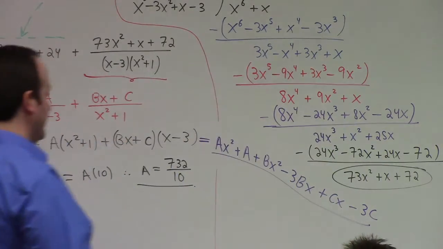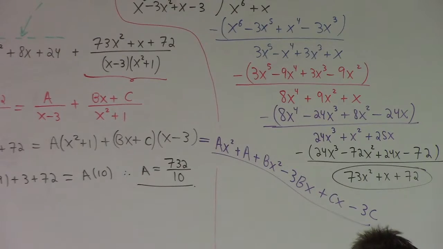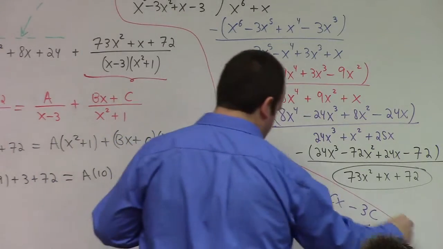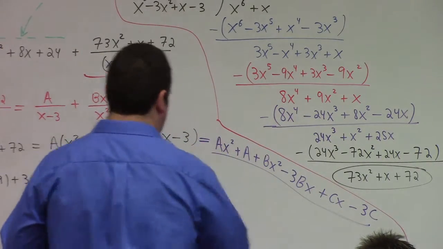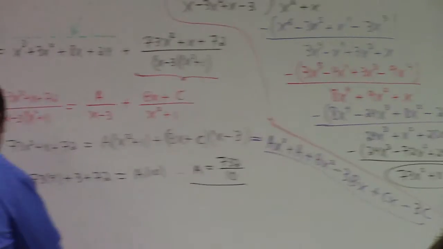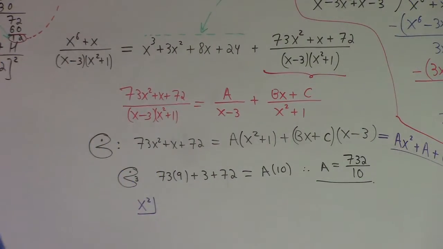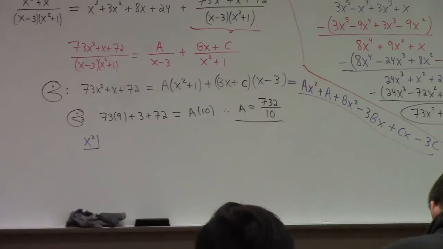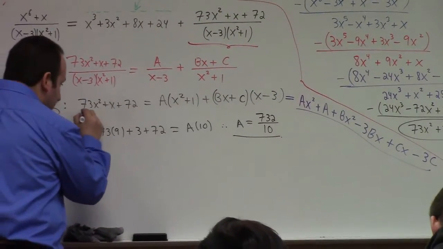All right, sorry, poor planning on my part. So once we have that, though, we can do things like look at x squared on both sides, right? What's the coefficient of x squared on the left-hand side? What's the coefficient of x squared on the right-hand side? On the left-hand side, the coefficient of x squared is exactly 73.